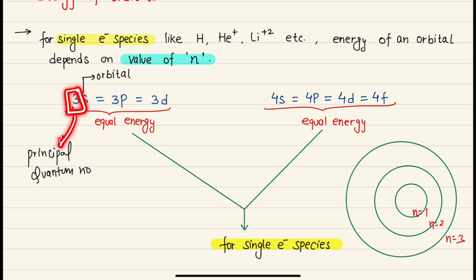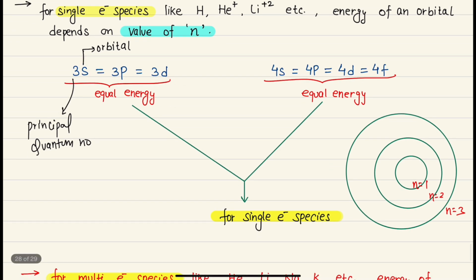So this 3 is your principal quantum number, the shell number, and the shell number is nothing but the energy level of the electron. This s is your orbital, this p is your orbital and this d is your orbital. But this 3s means this orbital is present in the third shell. That's the meaning of 3s, 3p, 3d and so on.